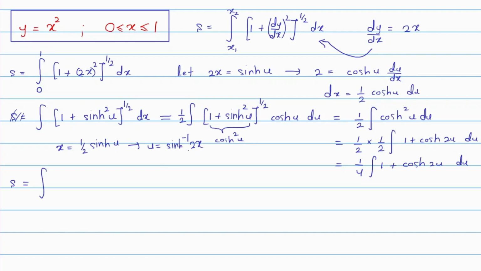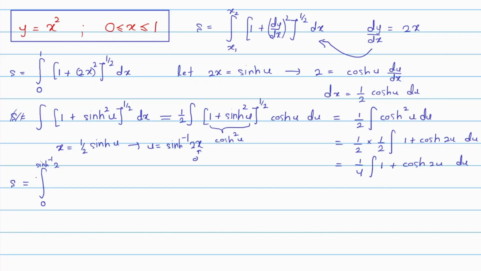So when we substitute 0 here, we get u equals 0. And therefore the lower limit is 0. When we substitute 1 here, it's 2. So the upper limit is sine inverse 2.